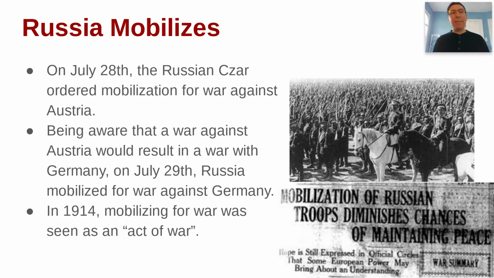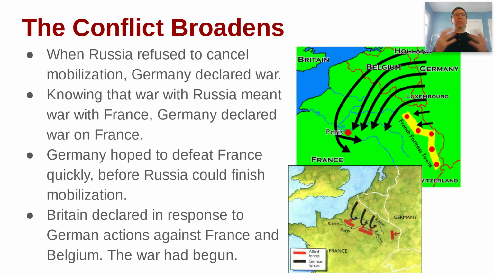So the following day, Russia also mobilizes for war against Germany. Now, they didn't declare war, but in 1914, mobilizing for war is seen as an act of war. So even though war was not declared by Russia, Germany sees this definitely as an act of war. So our conflict is going to broaden.